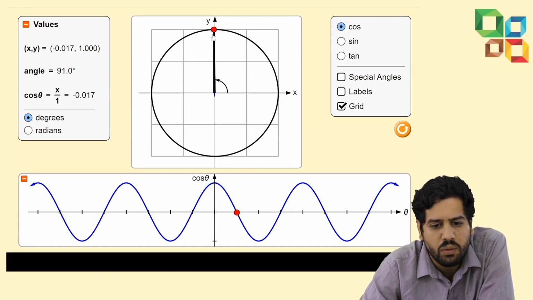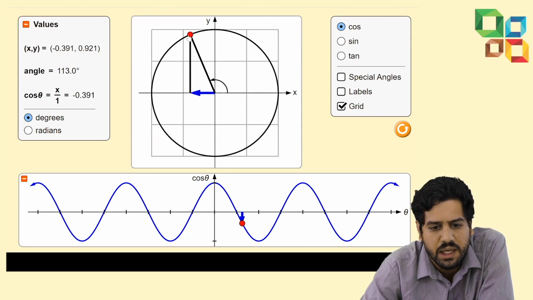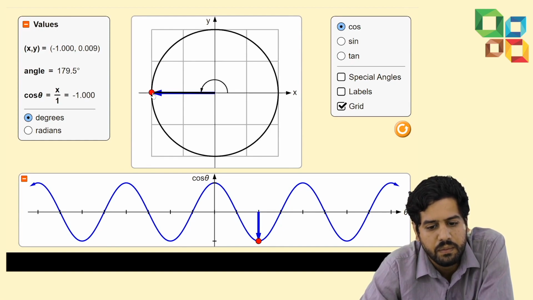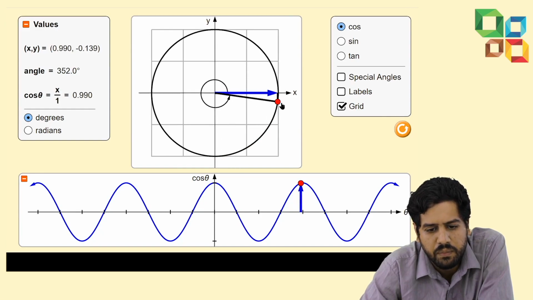Once we cross into the second quadrant, it becomes negative and goes further down, reaching an extremum where its value is minus 1. Then it increases, comes to 0, and slowly becomes 1 again. So that is 360.